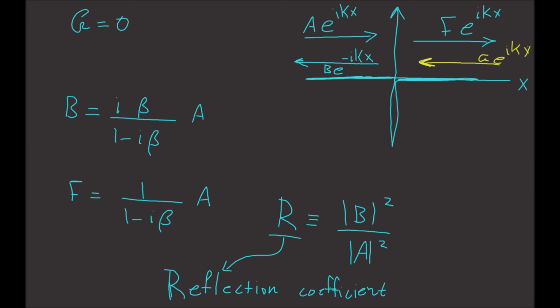Also, we have to find the transmission coefficient. As you can guess, we're going to give it the letter T, and we define it as the probability that the wave is transmitted, divided by the incident wave squared.